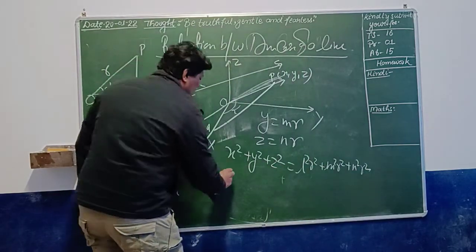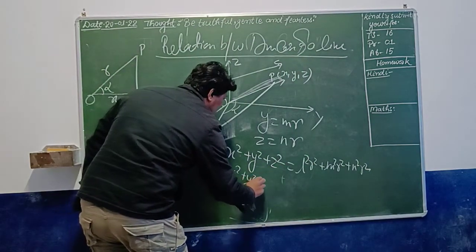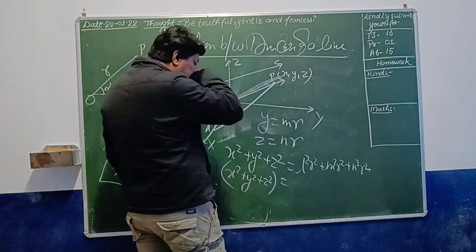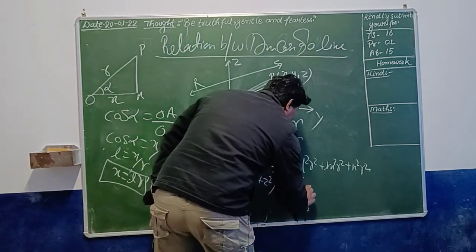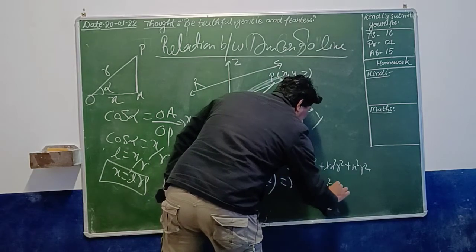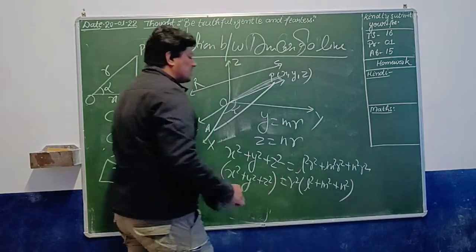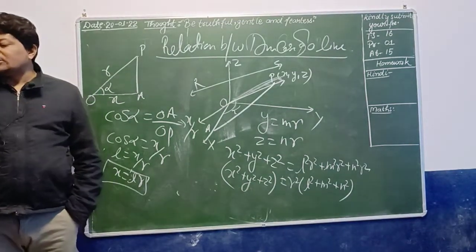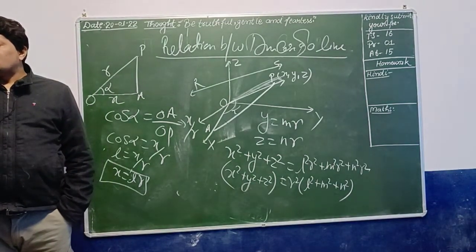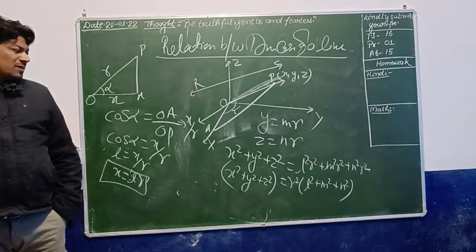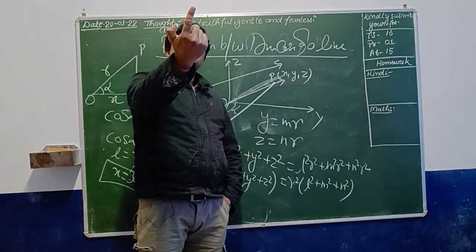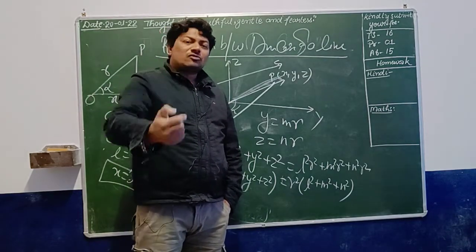Is it clear? If you take r square common, it is r square times (l square plus m square plus n square). And everybody knows L square plus M square plus N square equals 1.